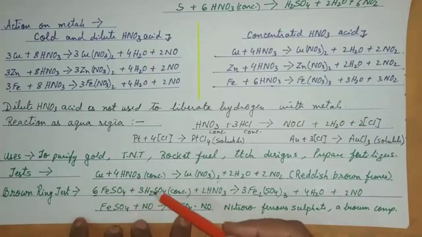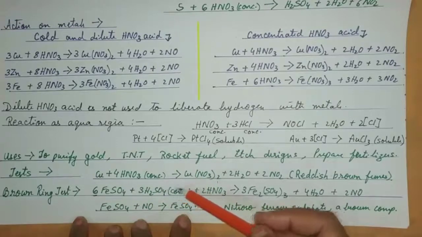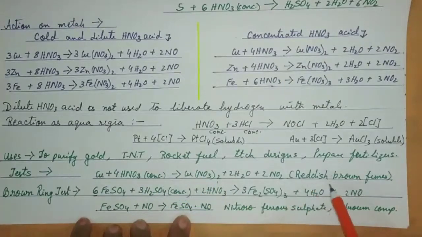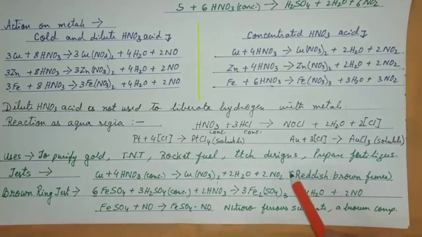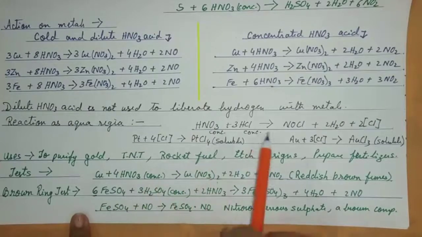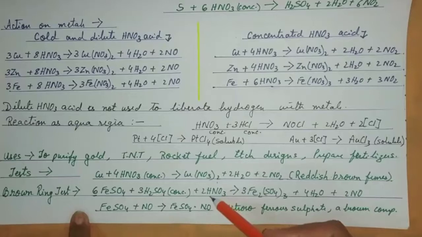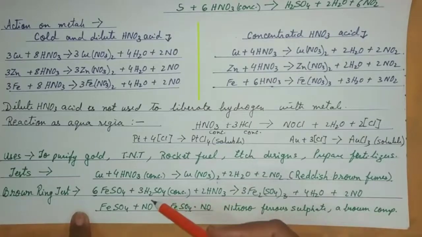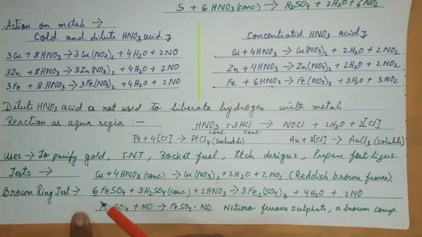Test. We discussed just now that with copper, concentrated nitric acid will give you reddish brown fumes of nitrogen dioxide, so you can identify that it is nitric acid. The brown ring test is generally used for any nitrate, so nitric acid also can be tested by it, adding concentrated sulfuric acid and freshly prepared ferrous sulfate. Why freshly prepared? Because if you use ferrous sulfate already prepared and kept, it can get oxidized very fast.